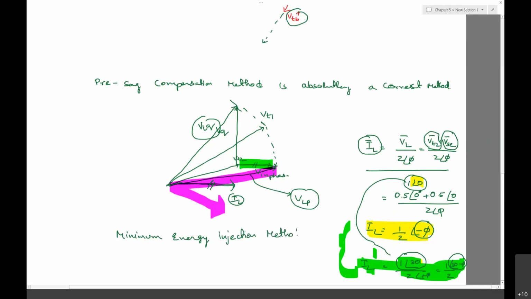I'm going to give you a paper. With that paper only, we need to understand. You need to go through that paper and try to understand the minimum energy injection method. Okay. I'm going to leave it to you only. There may be a possibility that in the end examination I'm going to ask on this particular minimum energy injection method.